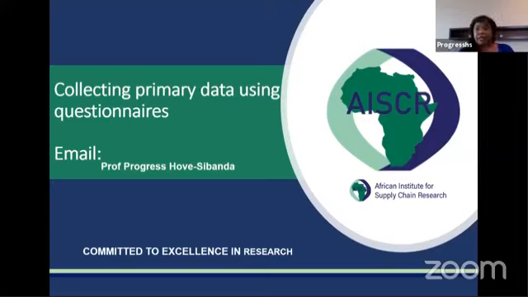When that happens, you as the researcher will have to go out there and collect primary data. Primary data is the data that you as the researcher collect from primary sources, and you can make use of interviews, questionnaires, observations and even experiments. Our purpose for this session is to look at how you can make use of questionnaires to collect primary data.